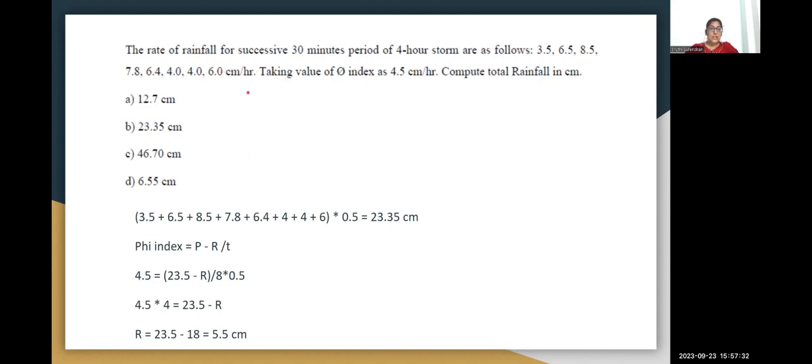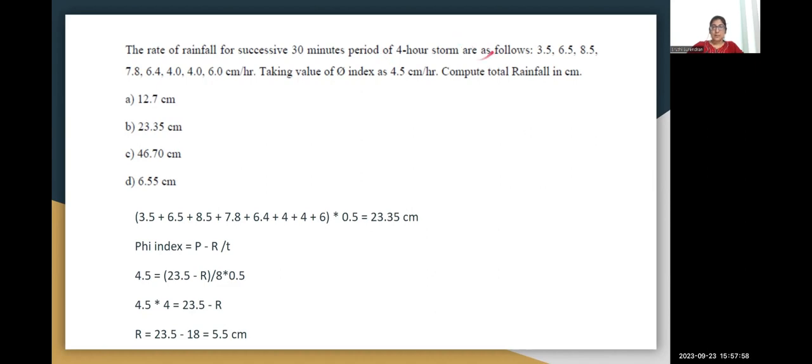So for converting it into depth of rainfall, you will find the sum of this intensity and multiply it with the duration. Here they have given that it is occurring at successive intervals of 30 minutes. That is, every half an hour, 3.5 centimeters per hour of rainfall will occur for half an hour. After that, 6.5 will occur. You don't have to worry about the 4-hour storm.